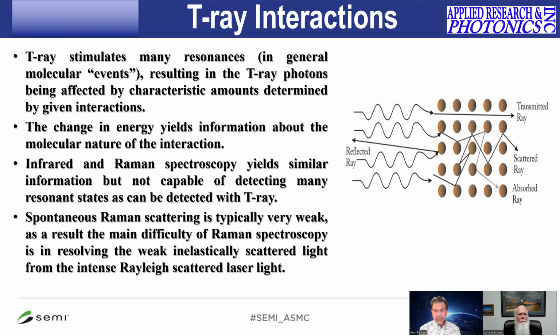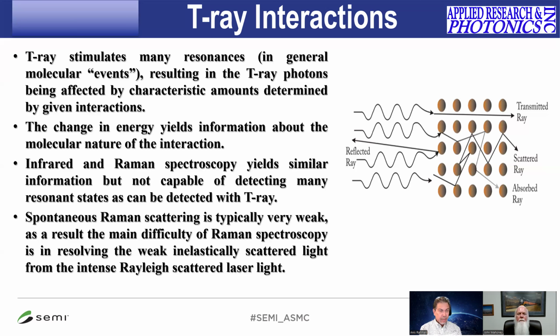But if we can measure, let's say, the reflected beam compared to the incident beam, that gives us a lot of information. The same happens for the transmitted ray, because it will also have information about the scattering and absorption, because the sum total of them should be equal to the incident energy.